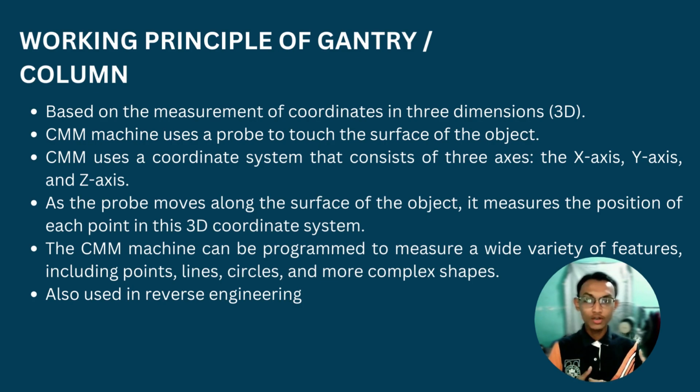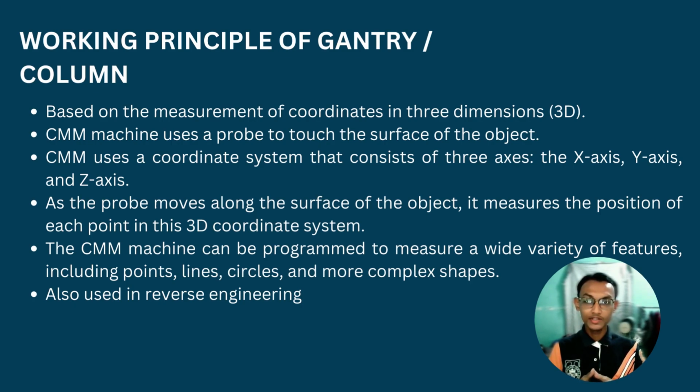To measure the position of a point on the surface of the object, this CMM uses a coordinate system that consists of 3 axes, which are x-axis, y-axis, and z-axis. The x-axis is typically perpendicular to the y-axis and is used to measure the distance from front to back. The y-axis is used to measure the distance from left to right.